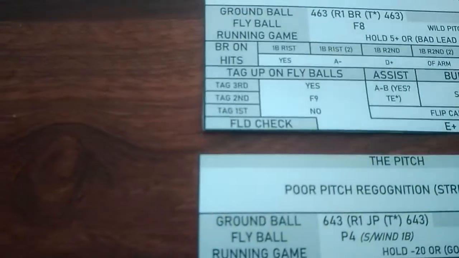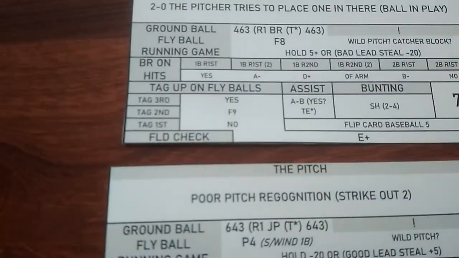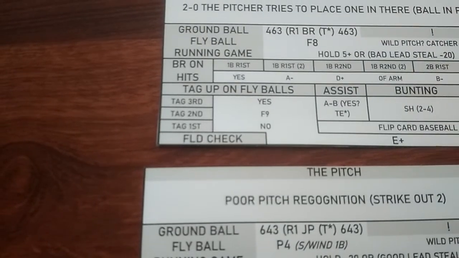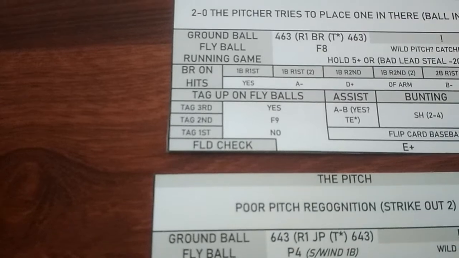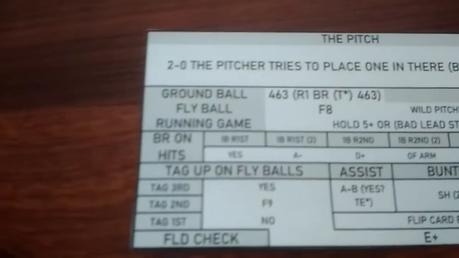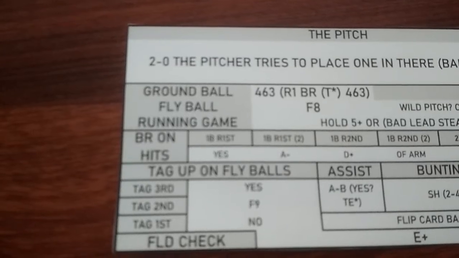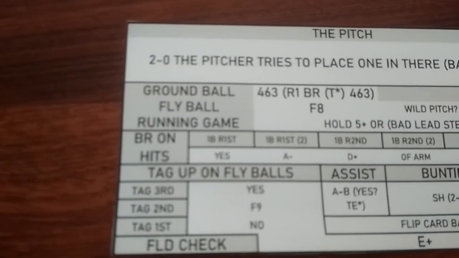Now, these ones are fairly similar. These are all about the base runner on first putting pressure on the person making the throw, possibly creating a throwing error. So in the one at the top here, we've got a 4-6-3, the second baseman throwing to the shortstop. Now the runner on first will be checking his base running rating.